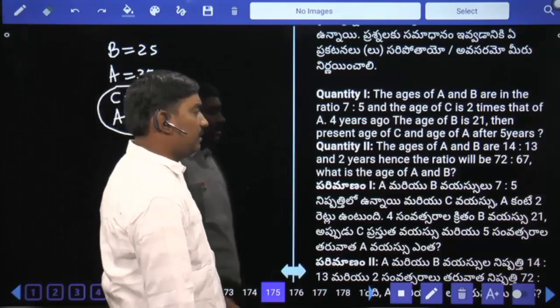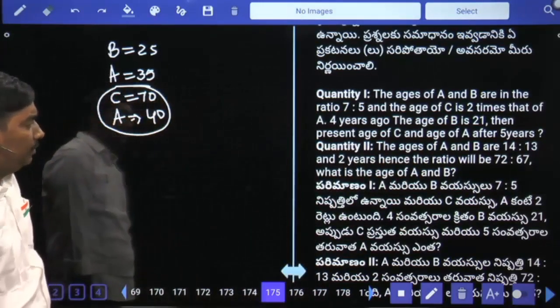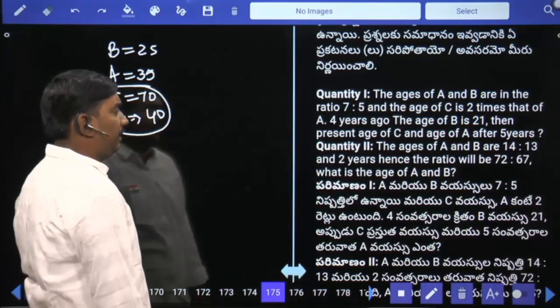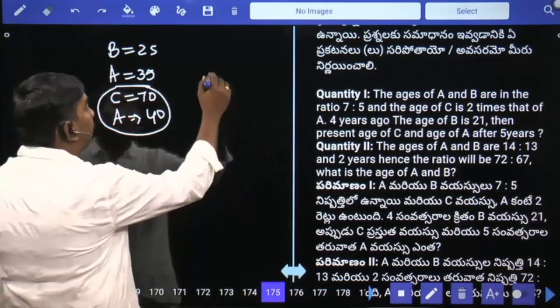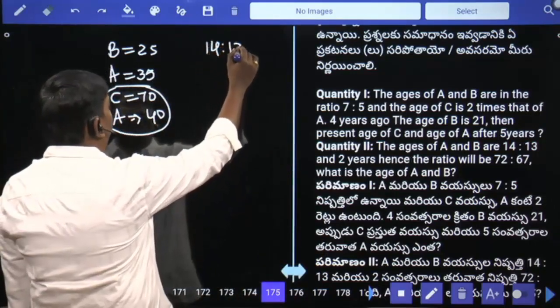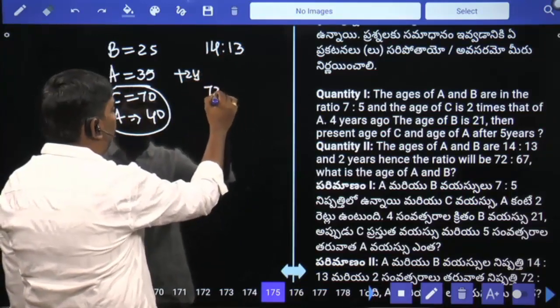Next. Ages of A and B are in the ratio of 14:13, and after 2 years the ratio will be 72:67. What are the ages of A and B? Present ratio 14:13. After 2 years ratio 72:67.